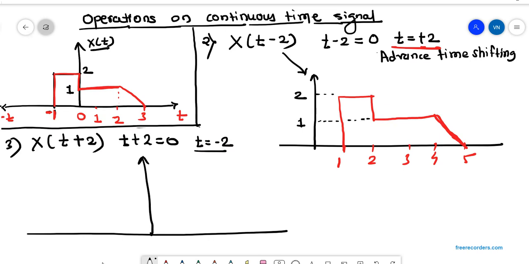This type of shifting is called time delayed shifting, because we have to shift that signal by the minus 2 value. Whatever the signal is starting from minus 1, now the same signal will start from minus 3.